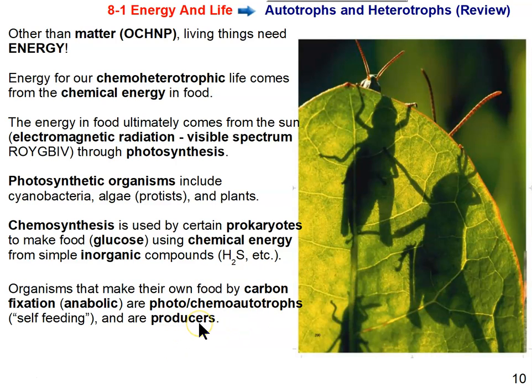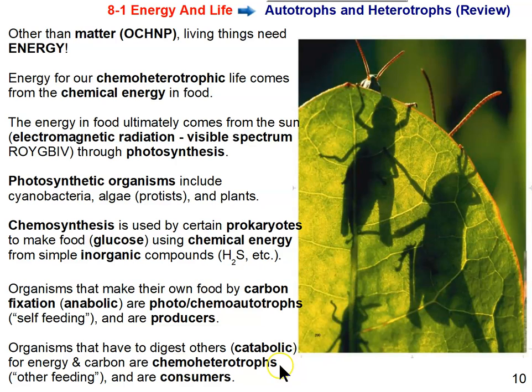Photoautotrophs being the producers here on the surface, and chemoautotrophs being the producers either on the bottom of the ocean where there is no light, or deep in the Earth's crust where there is no light. And then, of course, the flip side of producers are the consumers, so organisms that have to digest others, digestion being a catabolic process, if you'll recall, that half of metabolism that breaks things down.